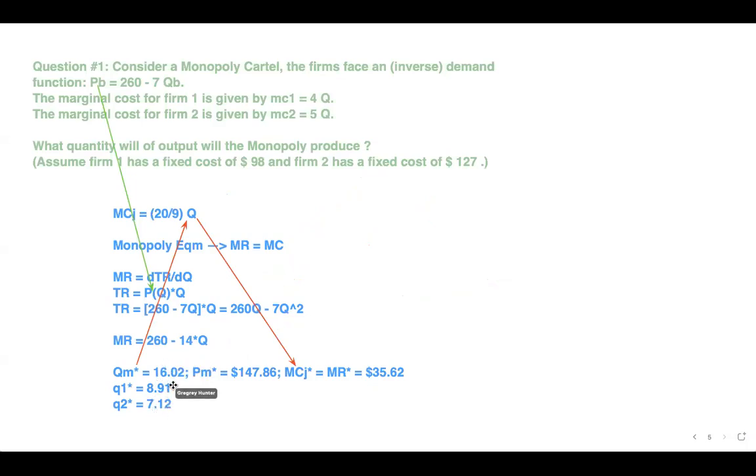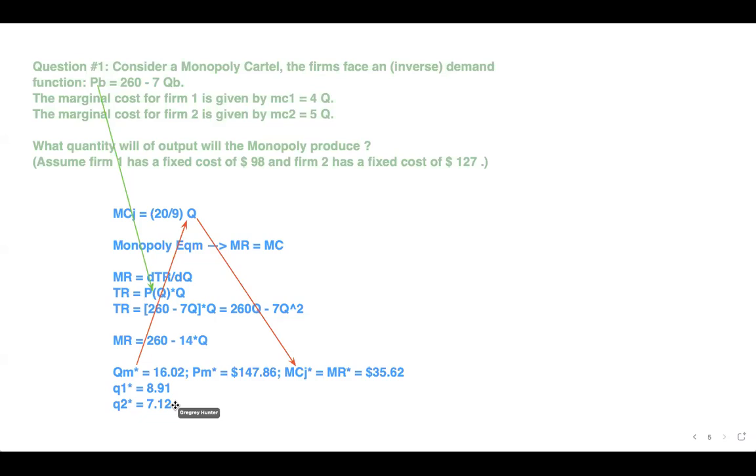It's not like an equal division, right? It's not like they're both producing exactly 8.01 units. If it was the case that the factories had the exact same cost structure, then they would be utilized equally. But to the extent that one of the factories is more efficient in the sense that it can produce at a lower cost, it'll be utilized more than the high cost factory.